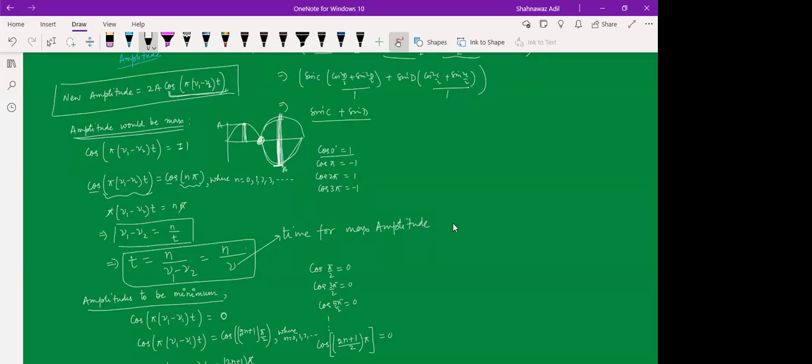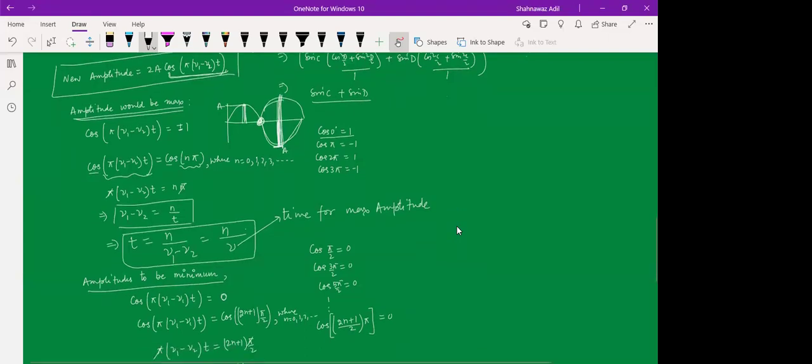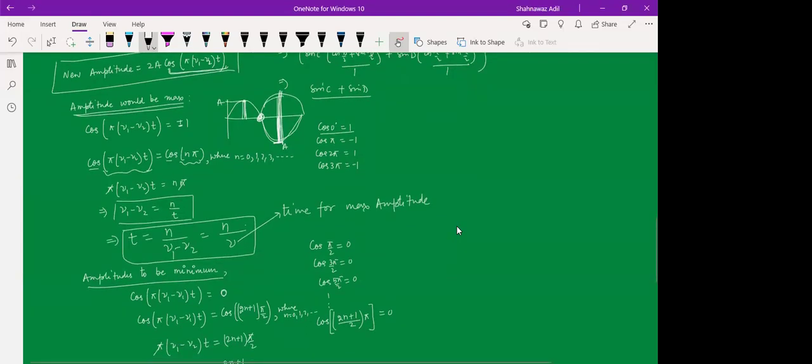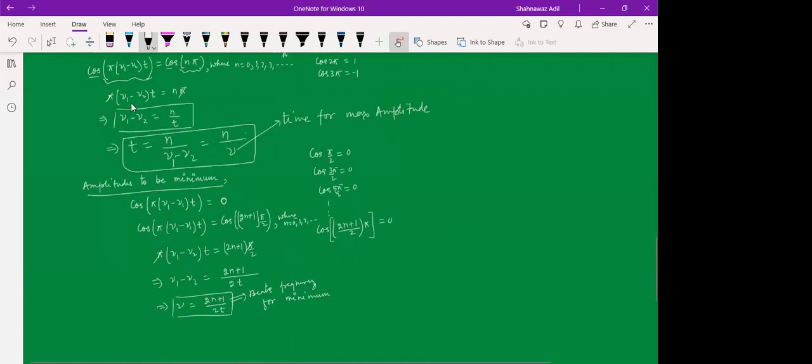Then you can also calculate the time for the minimum amplitude.